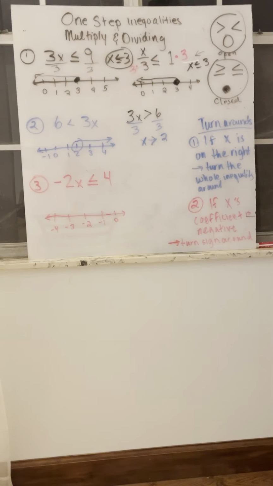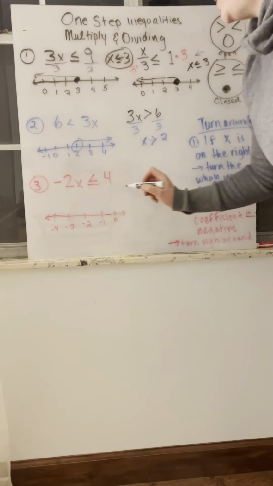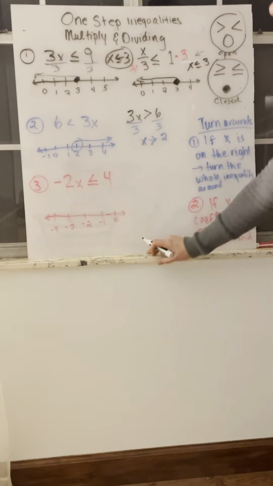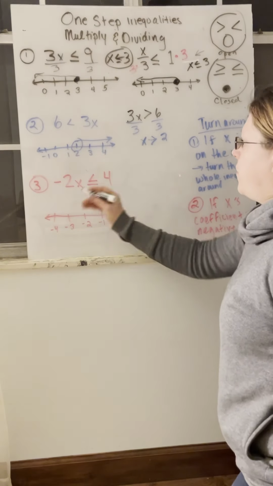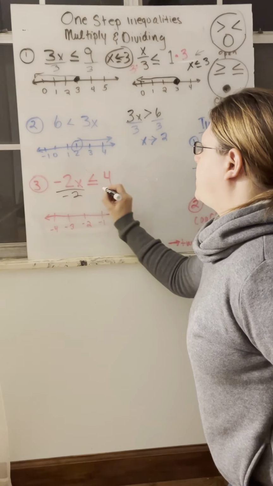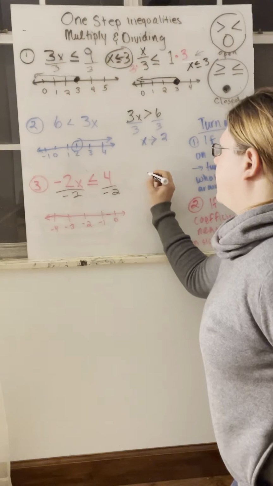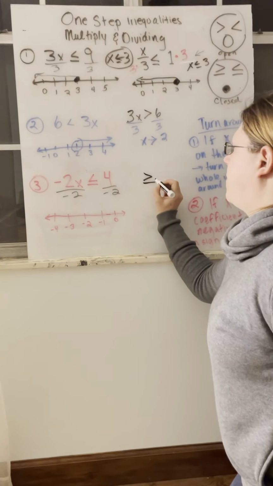Now a new turnaround rule today is if the coefficient is negative, you have to turn just the sign around, not the whole thing around, just the sign. So for instance, with number 3, it says negative 2x. The coefficient is negative. We're going to divide by negative 2 on both sides, and then in our answer, I'm going to flip the sign around till it faces the other side.